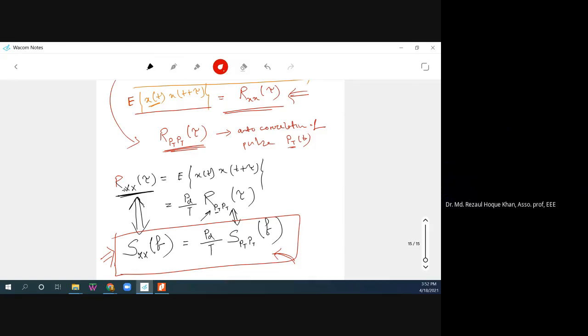Now, because this pulse p(t) is a deterministic signal, it's not a random process. If it's a deterministic signal, the power spectral density of this deterministic signal is actually called the energy spectral density. So we call it the energy spectral density because of this nature, p(t) is a deterministic signal.